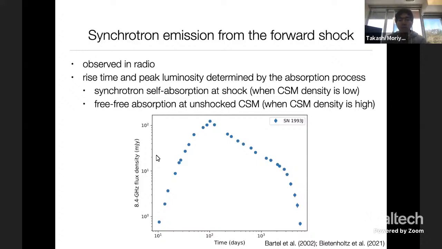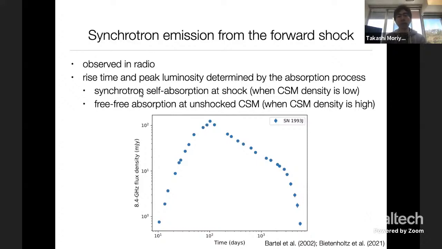And typically, the radio light curve from supernovae has a single peak. Actually, it's not that simple usually, and we have some wiggles and so on. But broadly, we can interpret it as a single peaked light curve. This peak luminosity and the time of the peak are basically determined by the absorption processes affecting this synchrotron emission.